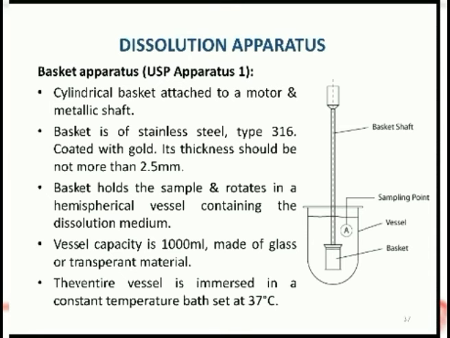The utility of in vitro dissolution as a surrogate for in vivo bioavailability is very attractive and has been demonstrated for several products. In order to successfully develop an in vitro in vivo correlation, in vitro dissolution has to be the rate limiting step in the sequence of steps leading to absorption of the drug into systemic circulation.